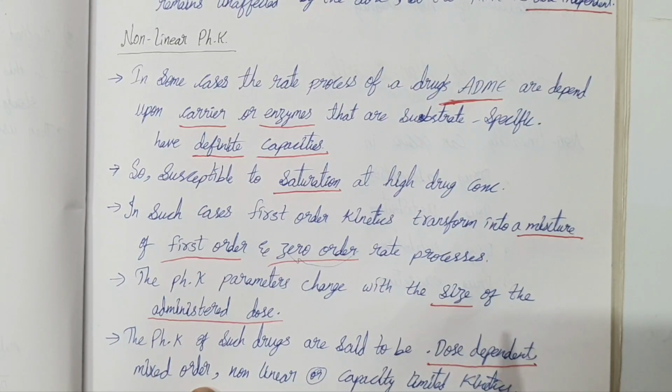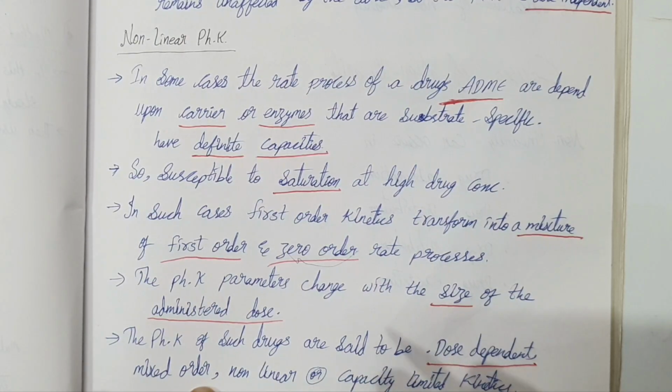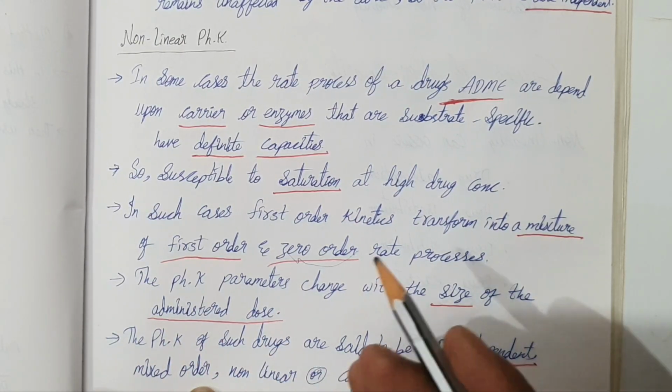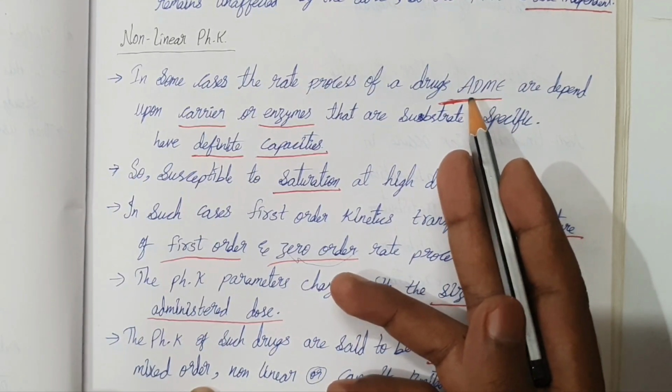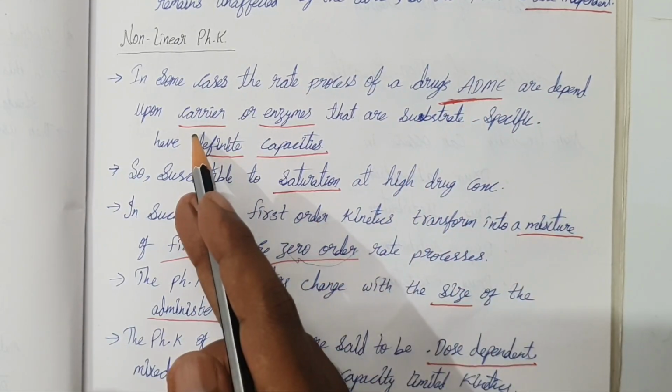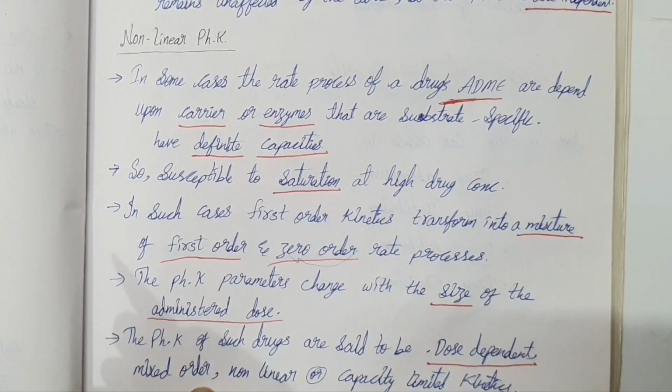In contrast, nonlinear pharmacokinetics means the dose and plasma concentration are not proportional. Why? Because certain processes like absorption, metabolism, excretion depend on carriers or enzymes which have limited capacity.